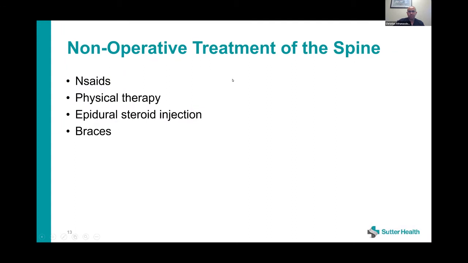So there are multiple initial treatment modalities that have relatively low risk and that can be used for treatment of spinal disease. Anti-inflammatories, which you can do over the counter, and there are prescription anti-inflammatories as well.